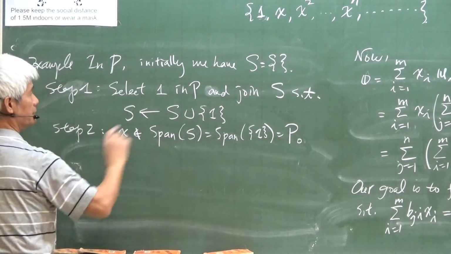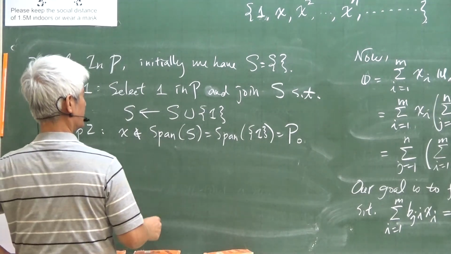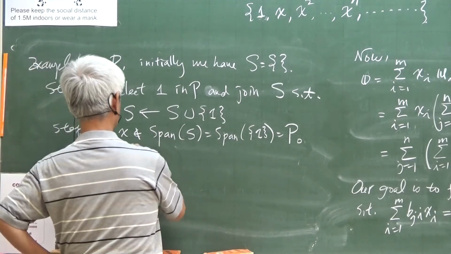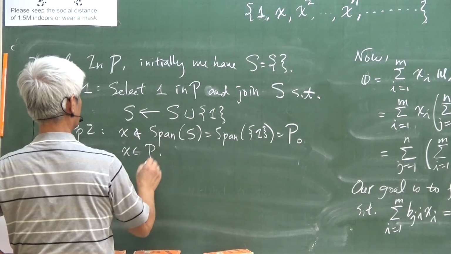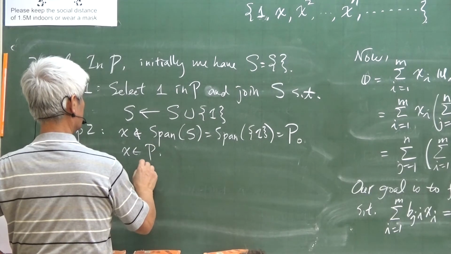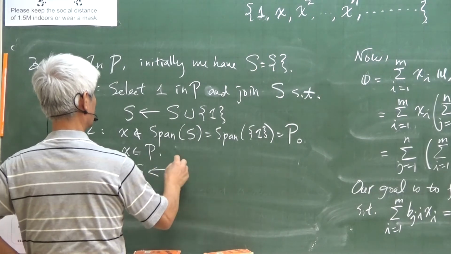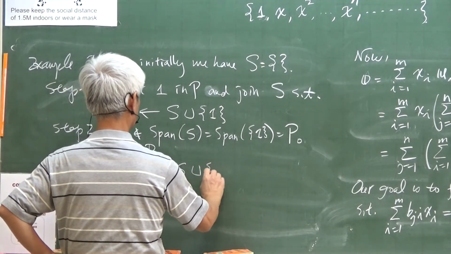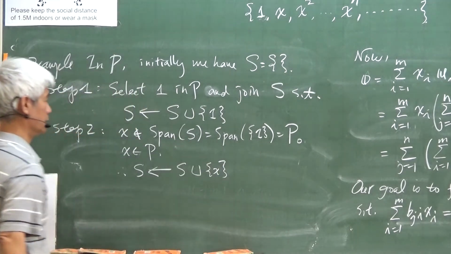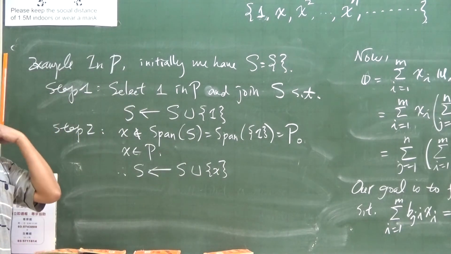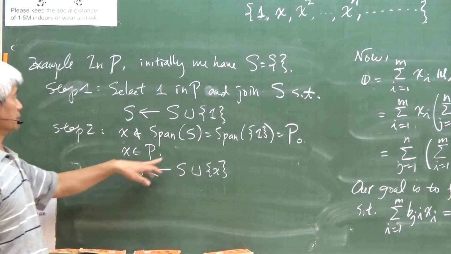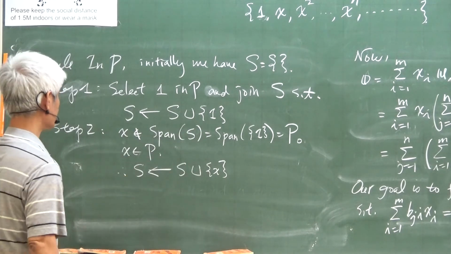So x is not in P0, but x is indeed in P. So we join x to S, the union of S and x. So now S consists of 1 and x.